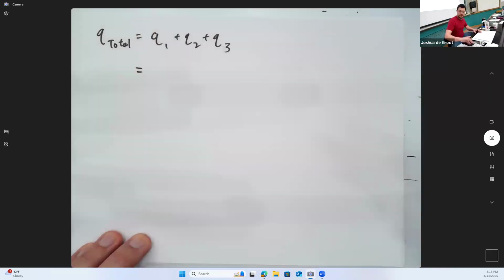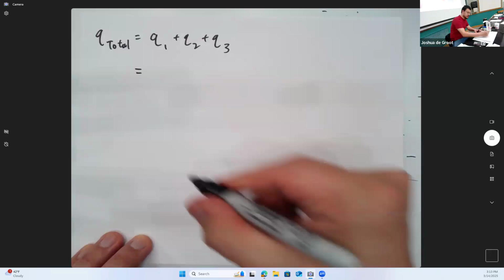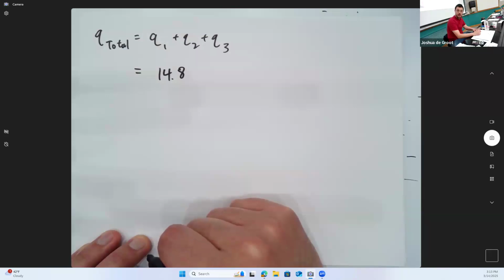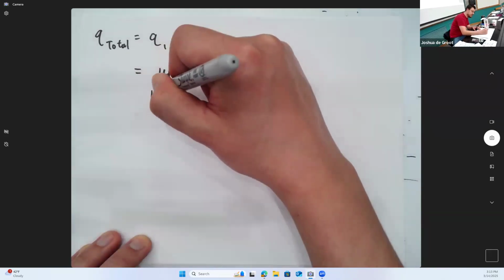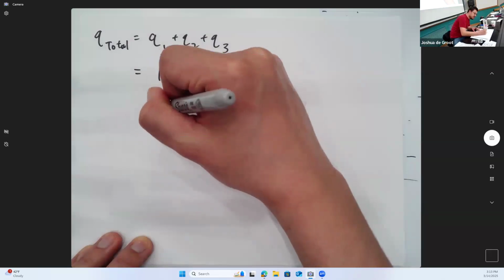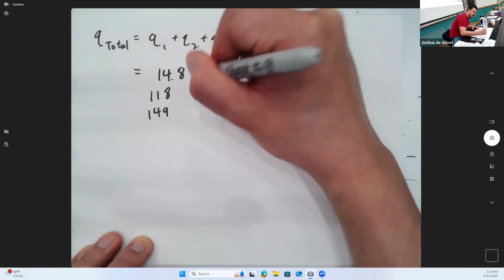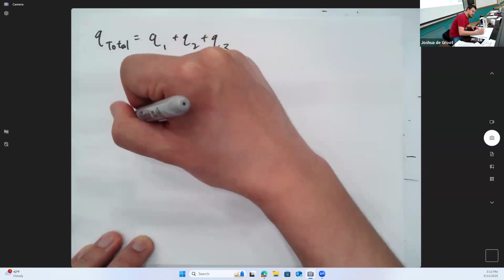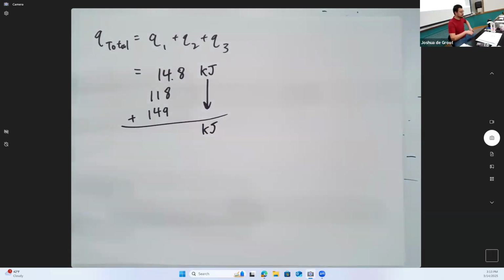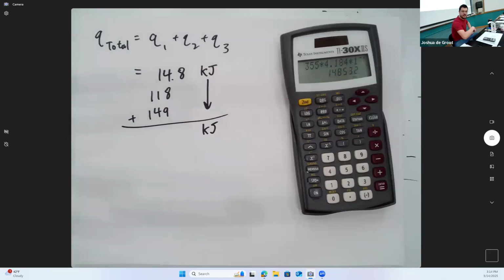All right, so let's line up them digits. We got a 14.8, we get a 118, and 149 kilojoules across the board. From a sig fig standpoint, I'm starting to like the term significant digits over sig figs.